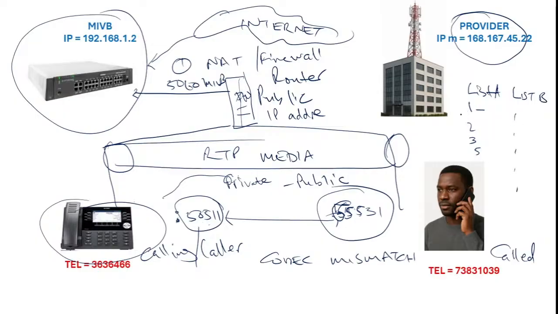Then they are going to find which codecs they have in common, and from those codecs they are going to agree on which codec they are going to use for each call. Each call goes through the same process. When they agree on a codec, then they will talk. We can only have a codec mismatch if list A and list B don't have any codecs in common.